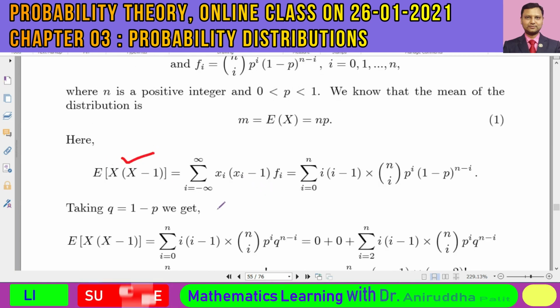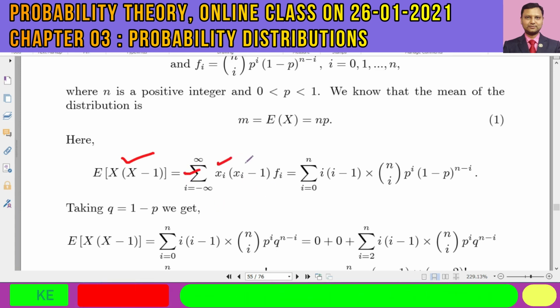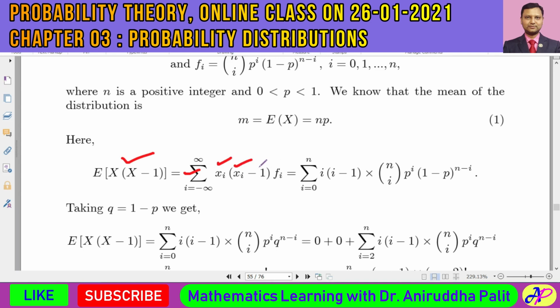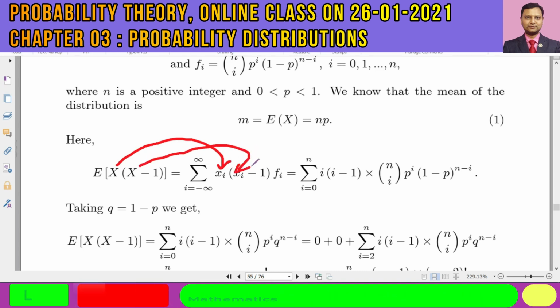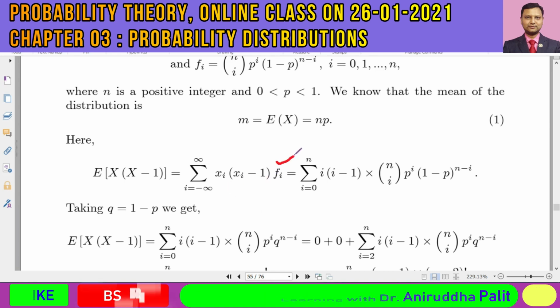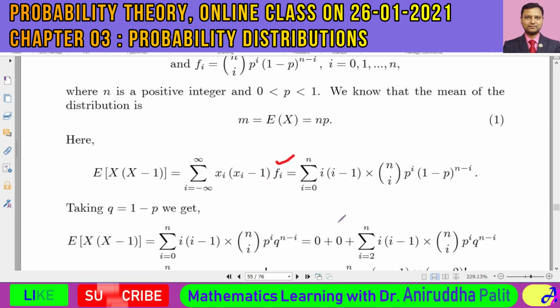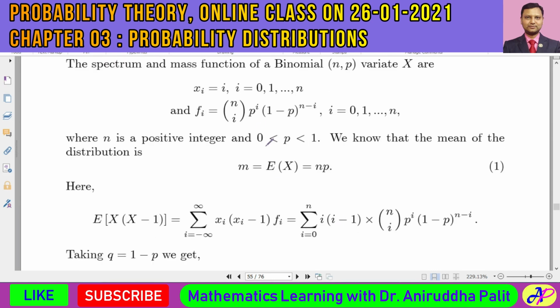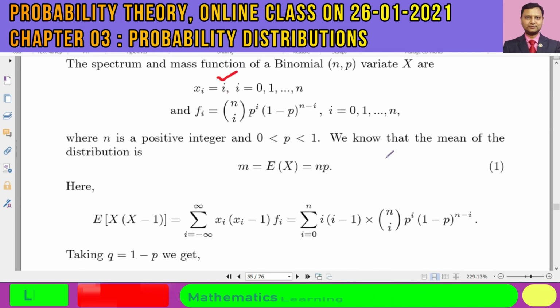That would be, theoretically speaking, sum over i varying from minus infinity to infinity, xi into xi minus 1. In place of x, we are putting xi. Whenever we have x, we are putting xi. So xi into xi minus 1 multiplied by the mass function fi. Now, what is xi? In case of binomial distribution, xi is equal to i.